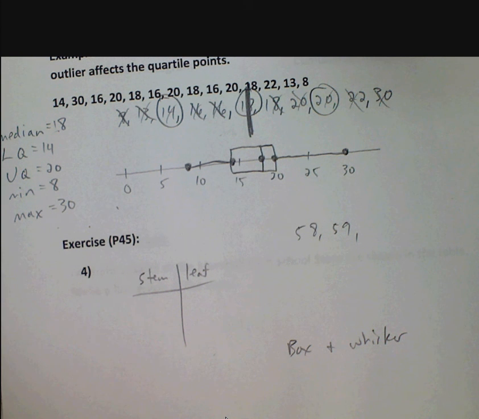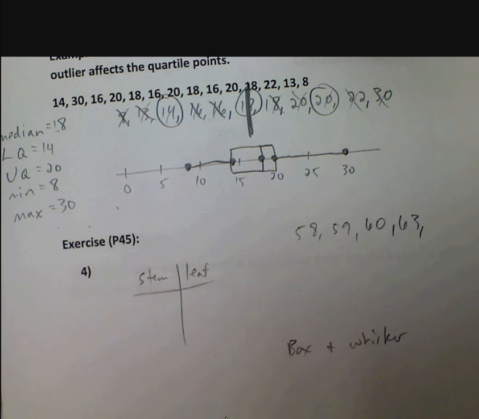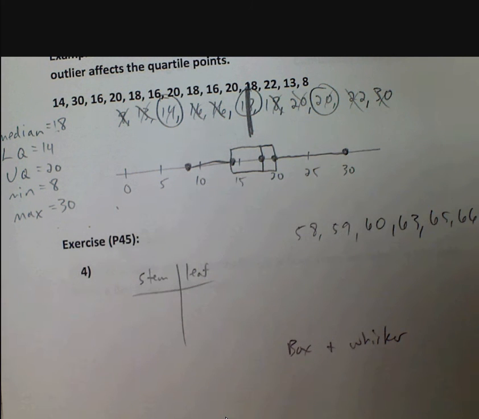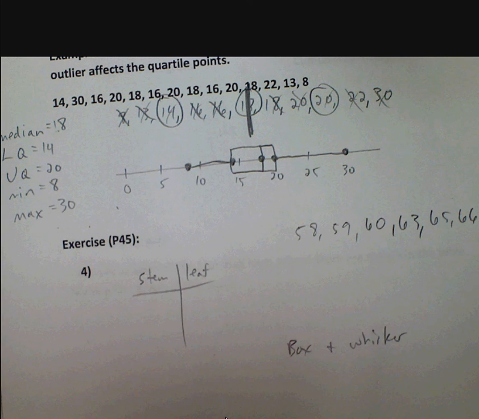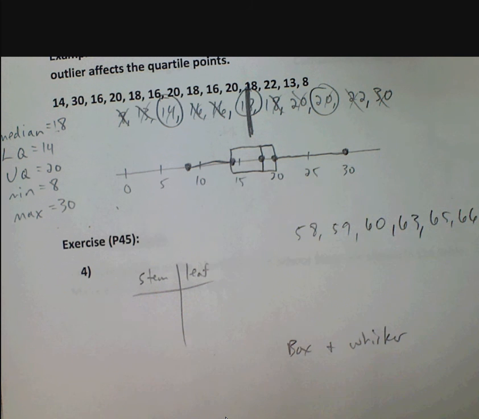Then I have a 60, a 63, 65, 66, 66, 69, 70, 71, 71, 71, 71, 72, 73. That's 12 numbers.